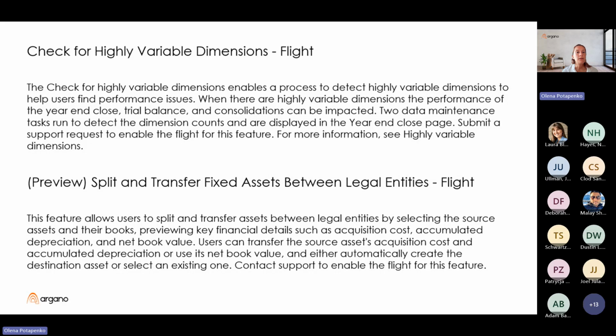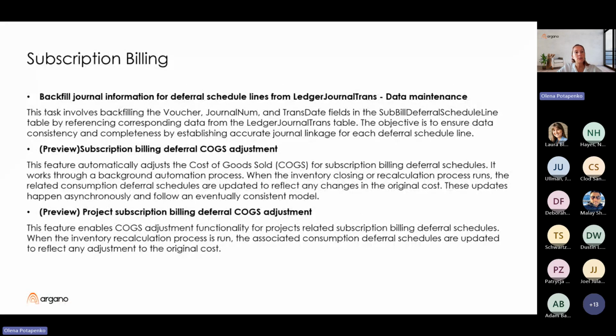The last features for this demo are about the subscription billing module. The first feature is backfill journal information for deferral schedule lines from ledger journal transactions. This feature is about data maintenance, it's kind of a background process. You can check the description for this, but basically you can see this in the interface.